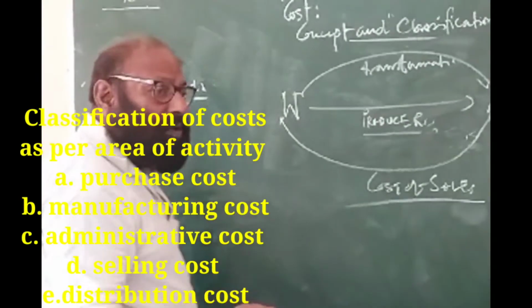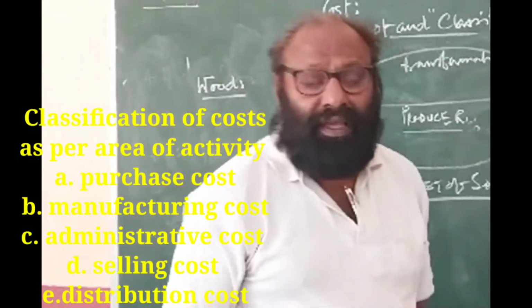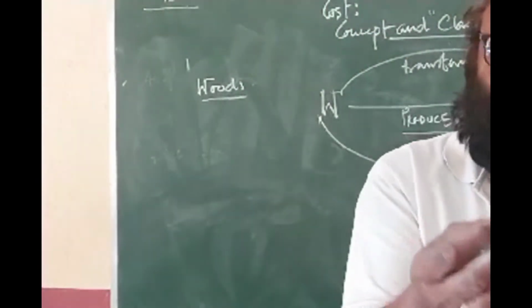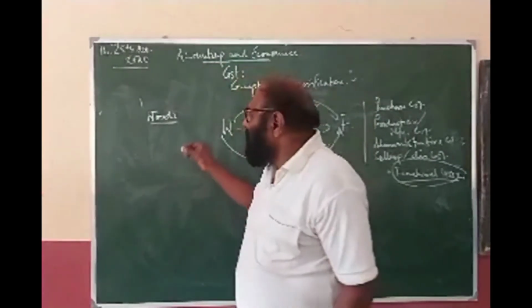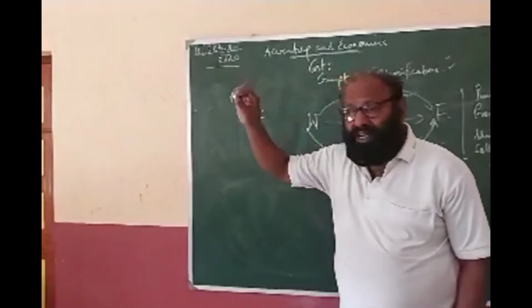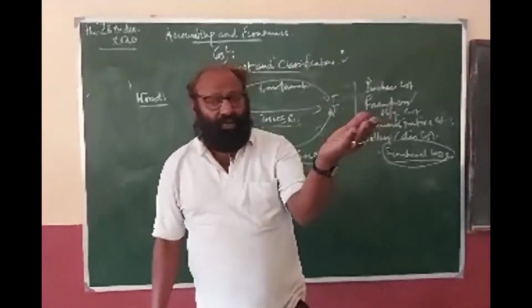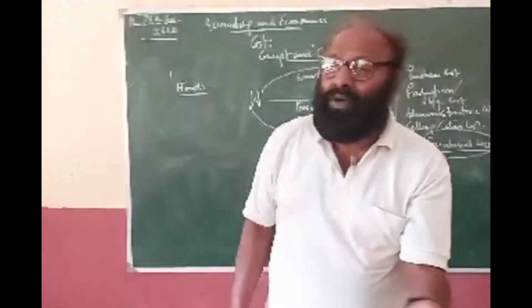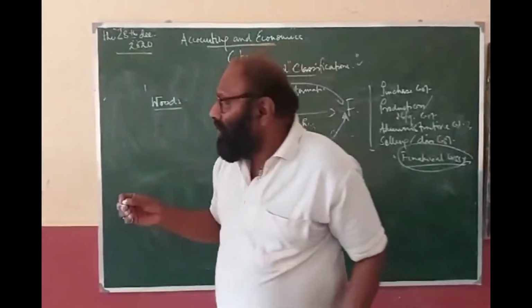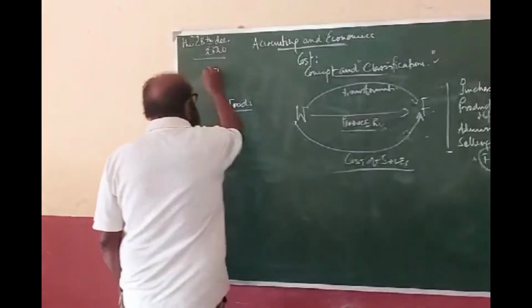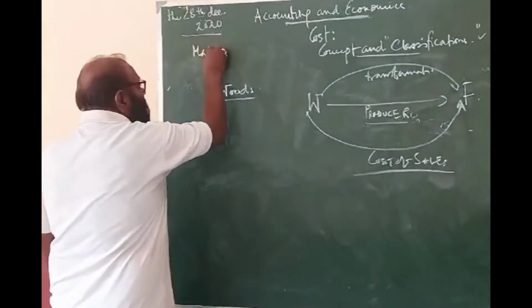How much wood is needed for producing an almirah? You can easily tell what the amount is. Say it may be 3 cubic, or 2 cubic, or 2.5 cubic, depending on the size of the almirah. Clear? So that is known as material cost. That is material cost.